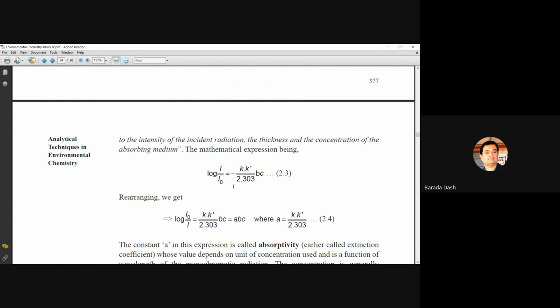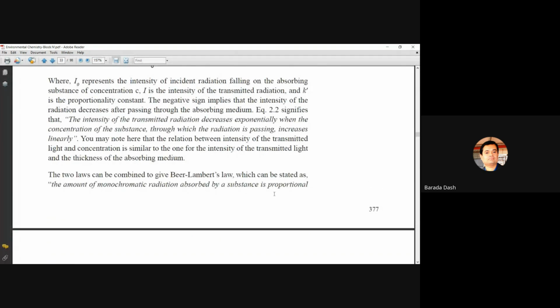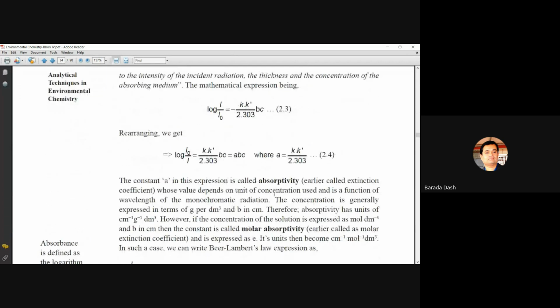Come again to log I0 by I equal to K prime divided by 2.303 into BC, which equals A into B into C, where A equals this constant K prime divided by 2.303.